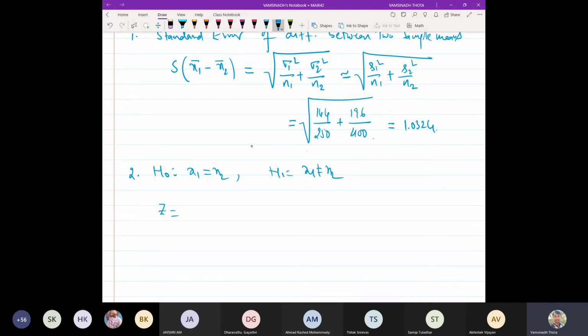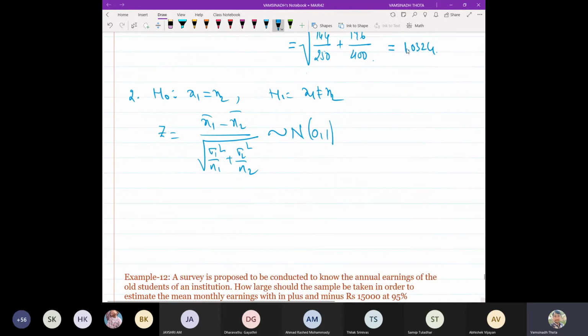The test statistic, as you already know, is x1 bar minus x2 bar upon the standard error, which is the square root of sigma 1 square upon n1 plus sigma 2 square upon n2. By the central limit theorem, it follows the standard normal distribution. But the standard error is approximated with the sample standard deviations.